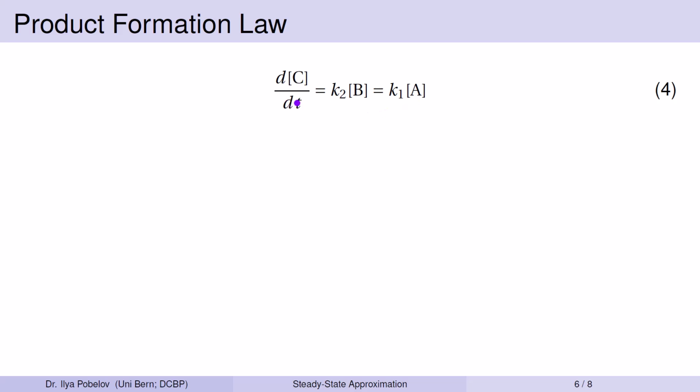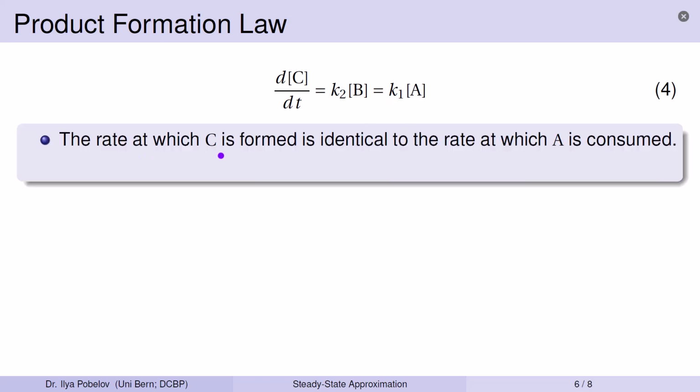The rate of formation of product C, dC/dt, is equal to k1 times the concentration of A. This implies that the rate at which C is formed is identical to the rate at which A is consumed, and both these processes are controlled by the rate constant k1. Essentially, this means that there is a steady flow of matter from A to B to C without any significant accumulation of B.